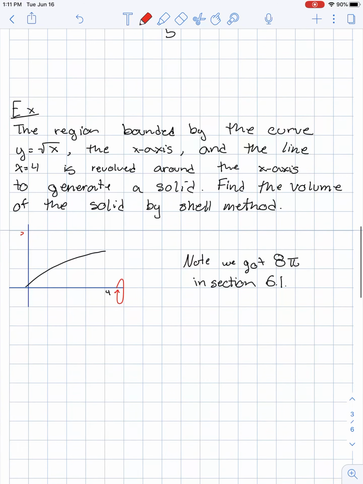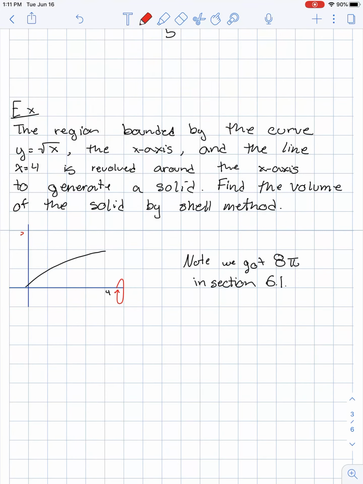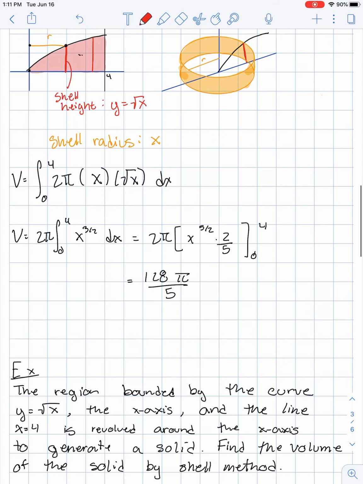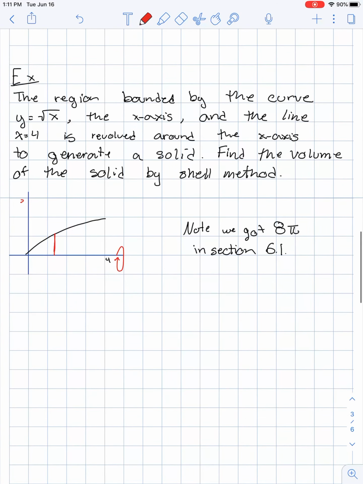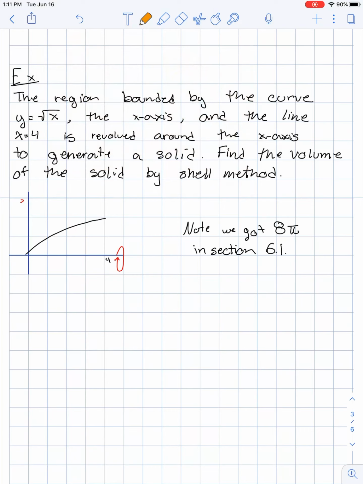This cylinder is now going to have a radius this way. So my radius is in orange, and it goes this way because I'm revolving around here.